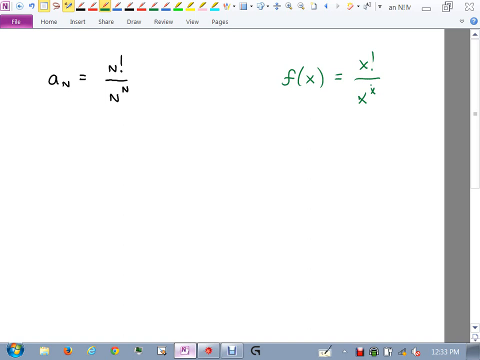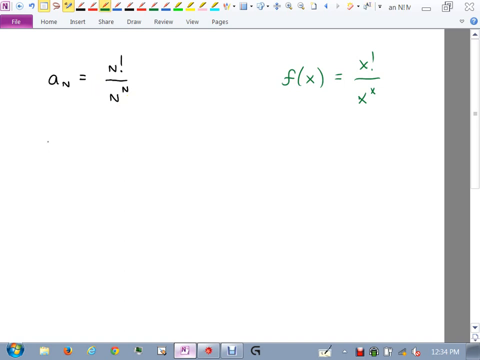All right? Now let's talk about what's happening to this. As n gets bigger, this n factorial should get huge, shouldn't it? And then n to the n is like infinity to the infinity, which is getting huge also. I guess the question is, which one gets bigger faster? The bottom, you think?